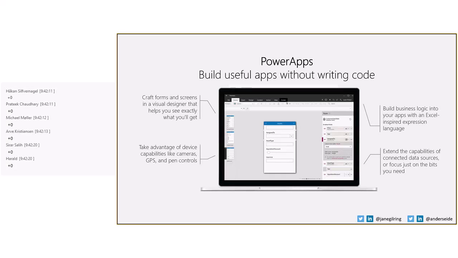It's a great solution to build applications, especially an application that works internally in your organization, without having to be an expert in coding. There's very little code, and the code you have looks very much like the code you will find in, for example, Excel. So basic formulas like if and then and so on. And it can be integrated with a lot of data sources.